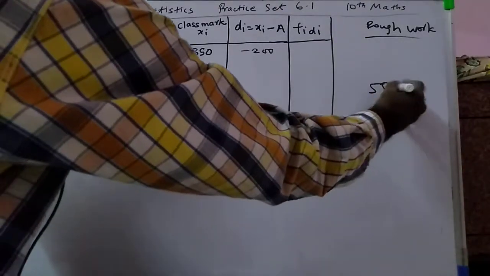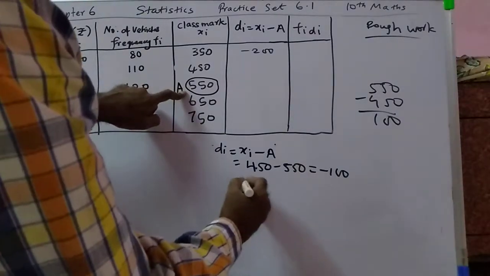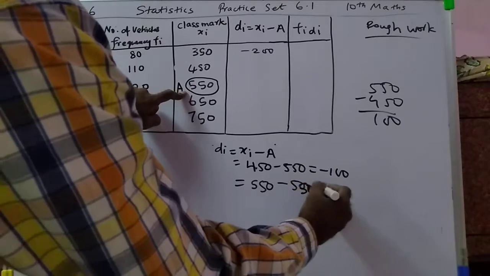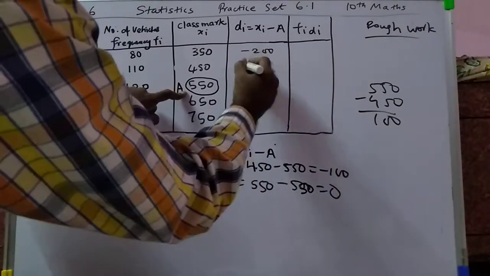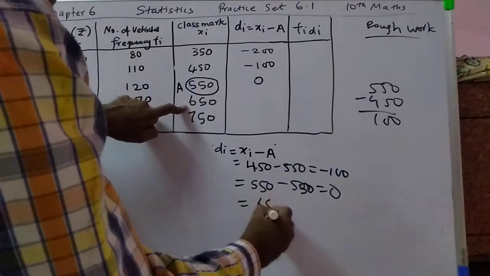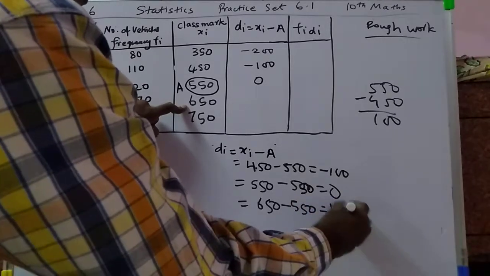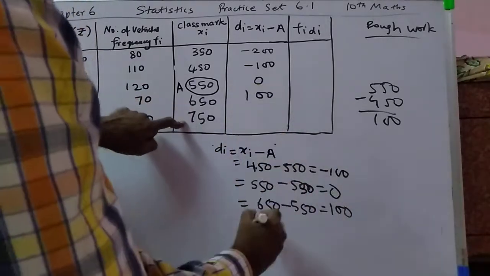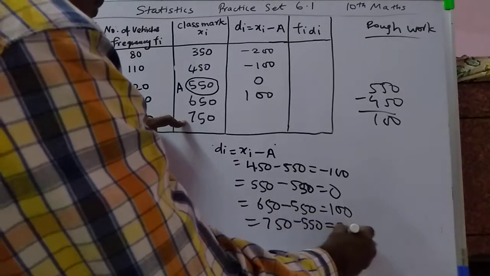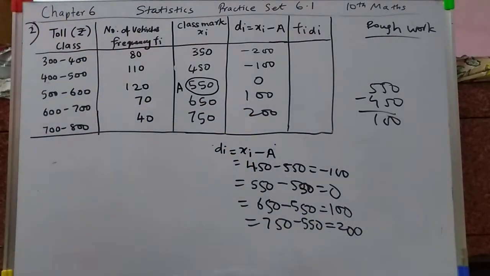Then take fifth one, 550 minus 550, that will be 0. Then take this, 650 minus 550, that is 100. Now take this, 750 minus 550, that is 200. So this is the way we have to calculate, okay.